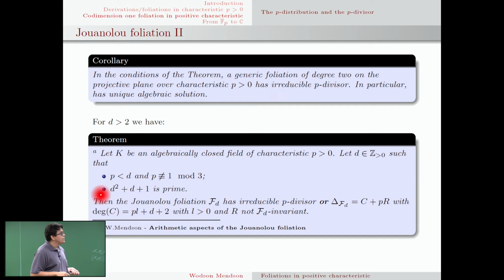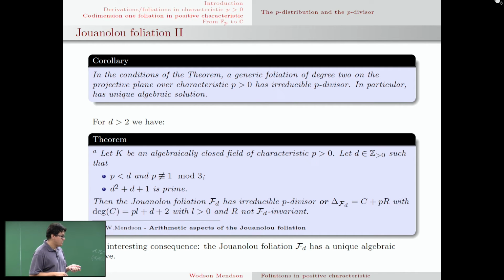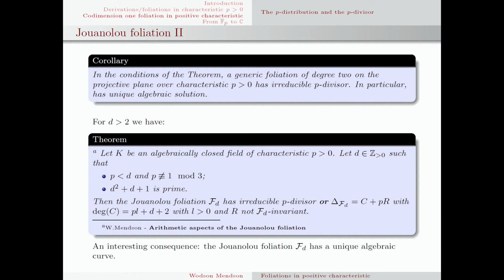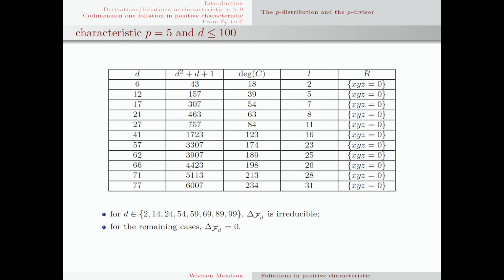If you have this condition here, we can conclude that the general foliation has an irreducible p-divisor, or the p-divisor is just this: C irreducible of degree pL plus d plus 2, and R is not invariant. As a consequence, the general foliation has a unique algebraic solution in this case. This table just shows that you can have these two cases: irreducible, or we have the p-th power in the p-divisor.